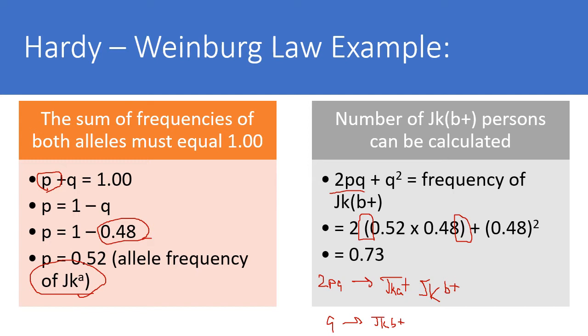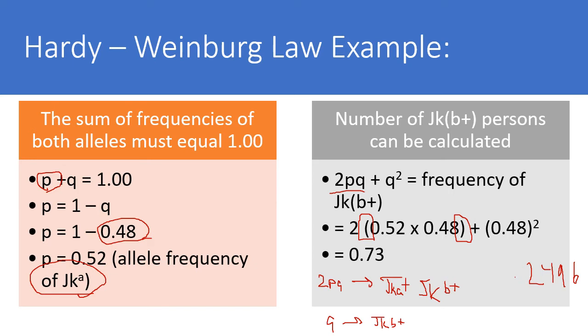So if you do what's in the parentheses first, you take the 0.52 and multiply it by 0.48. You can do this at home and you're going to get 0.2496. Okay? That's one side. On the other side, you have to get 0.48 squared.